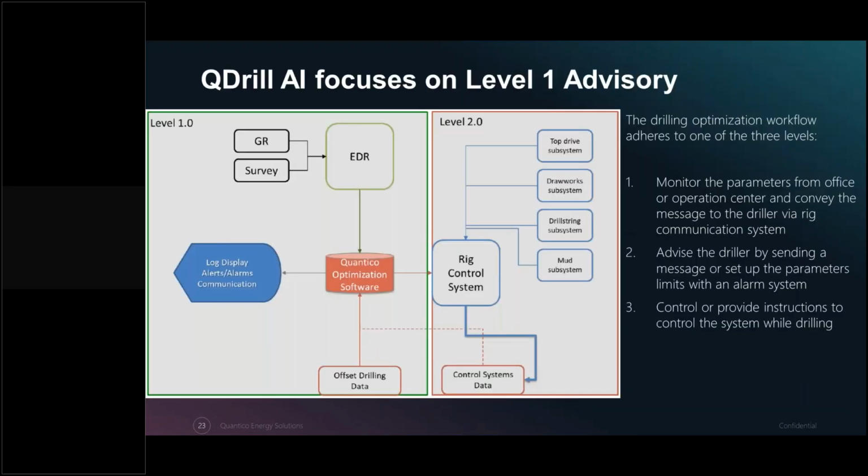And then the big picture is that level 1 optimization and automation is really just advisory, where you take in data from the EDR systems and provide advisory. There is work that Quantico is pursuing with third parties where you have level 2 automation. That takes into account the rig systems and the control systems.